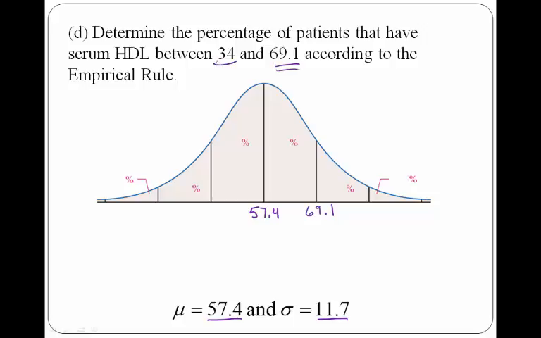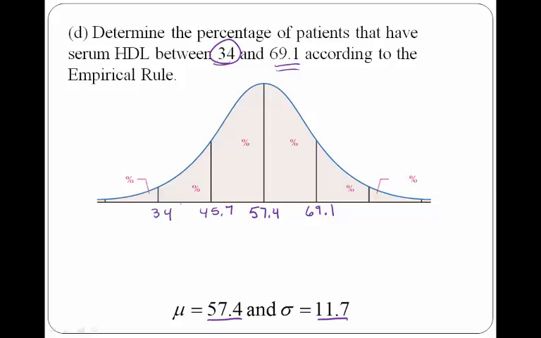This other value, 34, is less than the mean, so let's go down to the left and see how far below the mean it is. So if we subtract 11.7 from 57.4, we get 45.7, so we need to go further. That's 1 standard deviation below the mean. If we take another 11.7 away, that gets us down to 34.